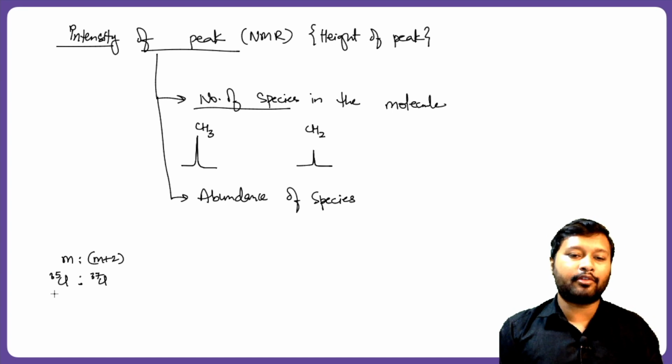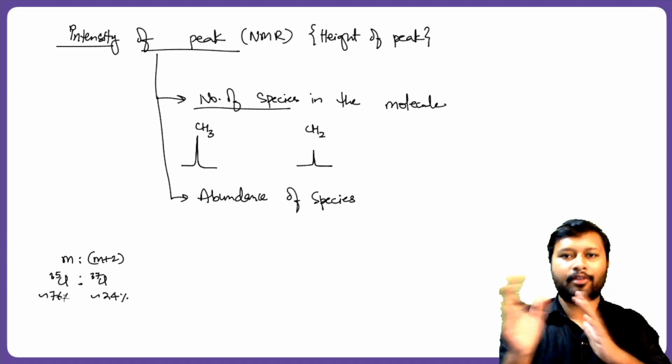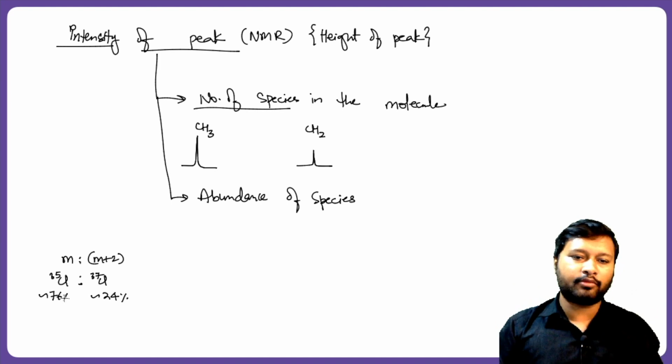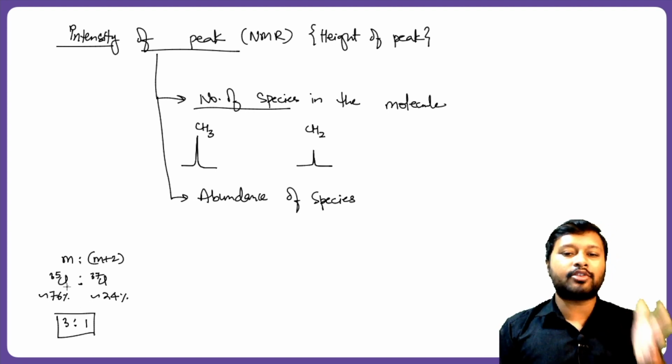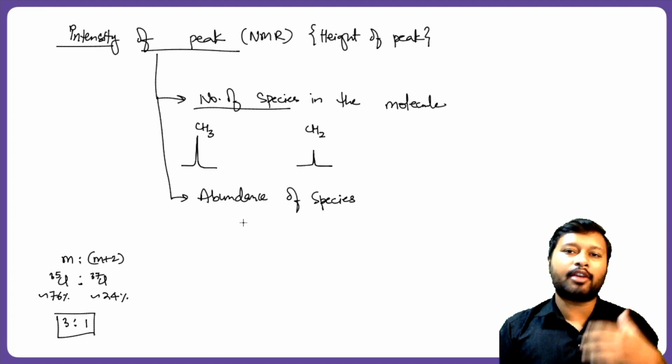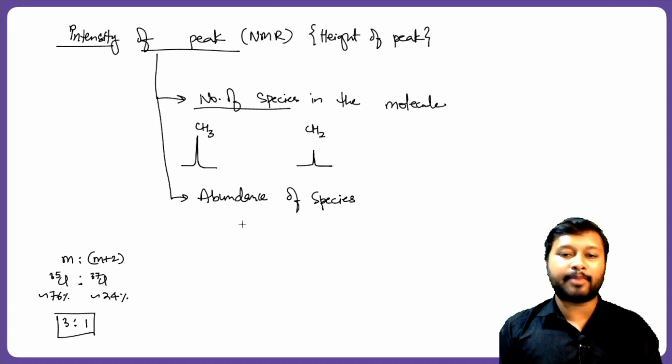The abundance of chlorine 35 is around 76% and that of chlorine 37 is around 24%. The ratio of both is around 3:1, so the intensity of the M and M plus 2 peaks is 3:1. This intensity came because of the difference in the abundance of these species, and that's what we are going to observe in inorganic NMR spectroscopy as well.